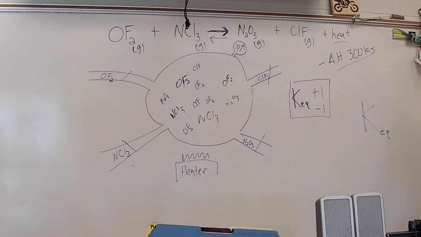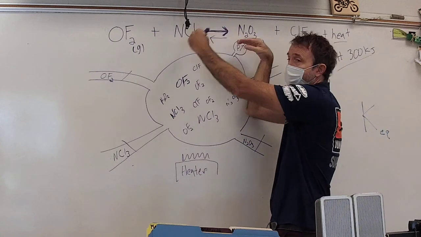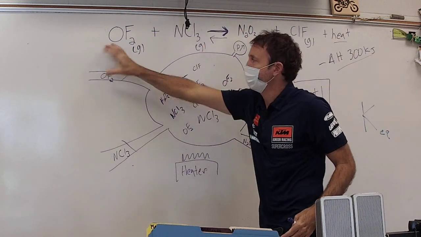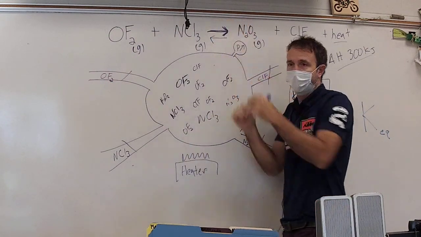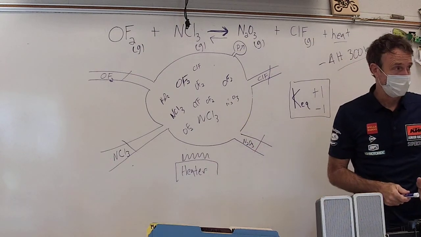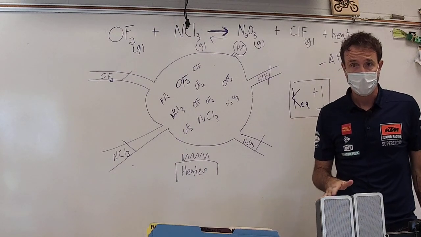So this shift is brief, and then we go right back to having the forward and reverse reactions equal again. But when you first put in some OF2, it shifts to the right, then it bounces back out. Does that make sense? So this system has a response. That is Le Chatelier's principle.